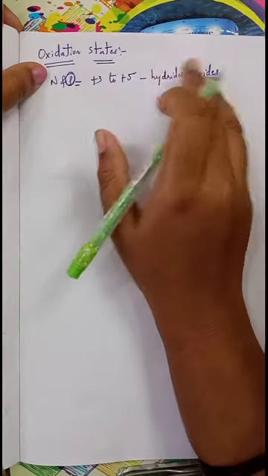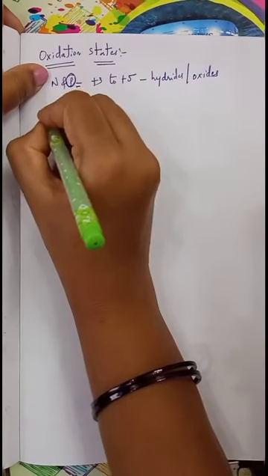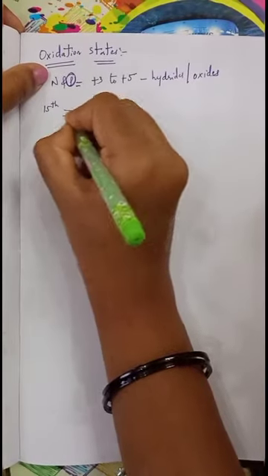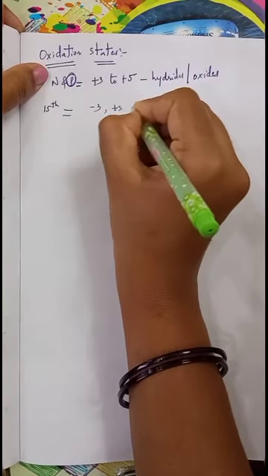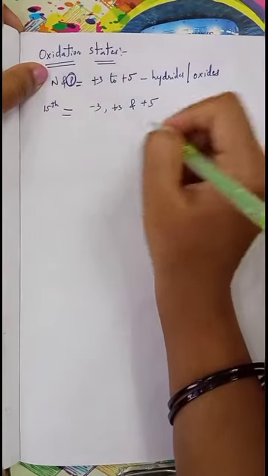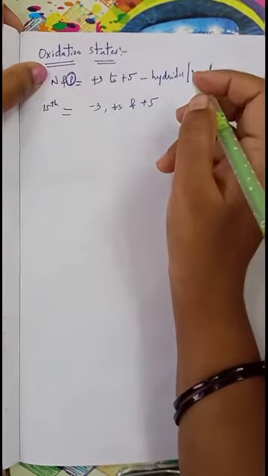The common oxidation states shown by 5th group or 15th group elements are -3, +3 and +5.